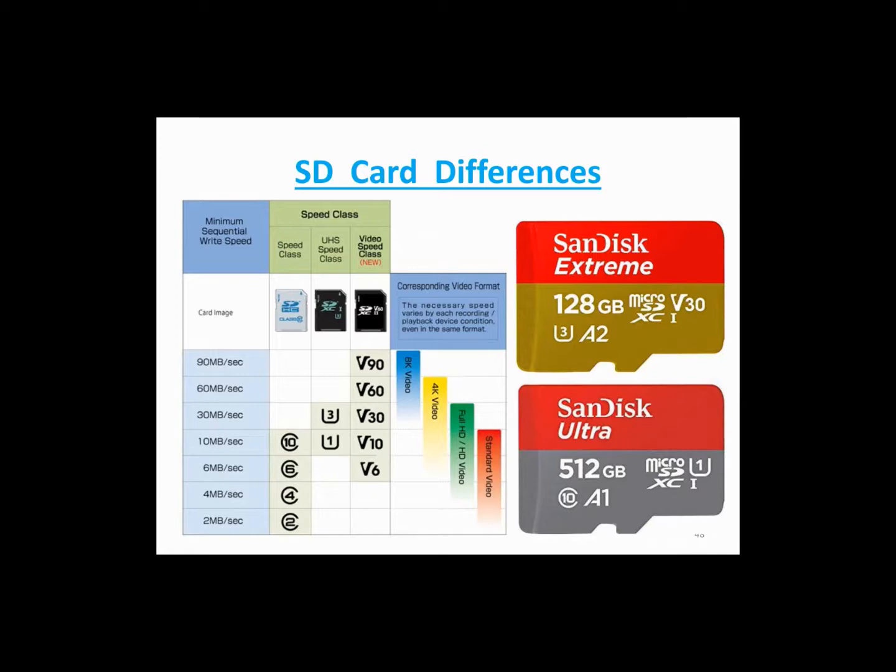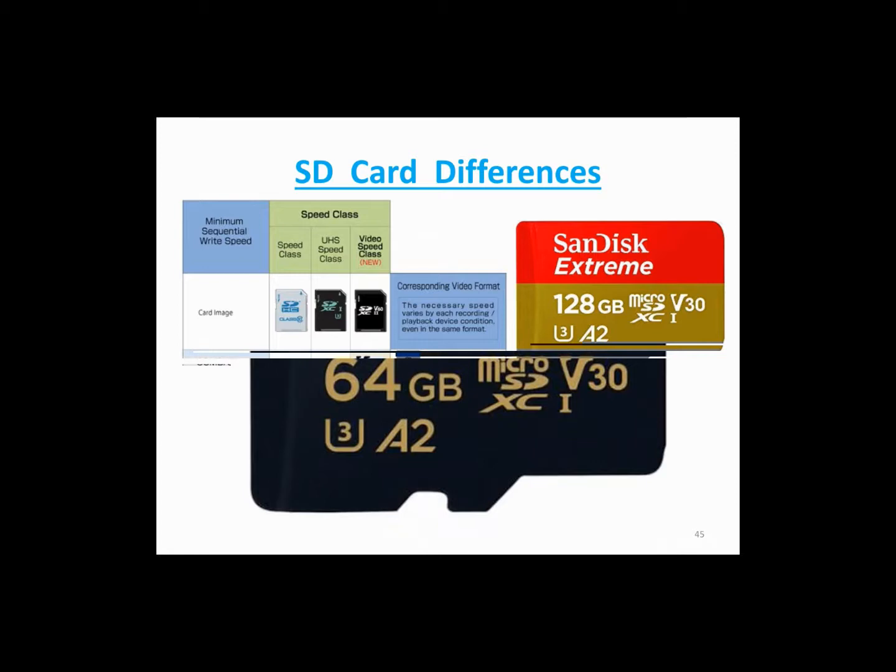You cannot get, for example, a V30 or U3, which is in the same column, 30 megabits per second, and think, I'm going to use that in my camera, my phone, whatever. If your camera or phone says it's up to class 6, and you put in a U3, the read-write speed is too fast, which means it's 5 times faster than what your device can read or write to.